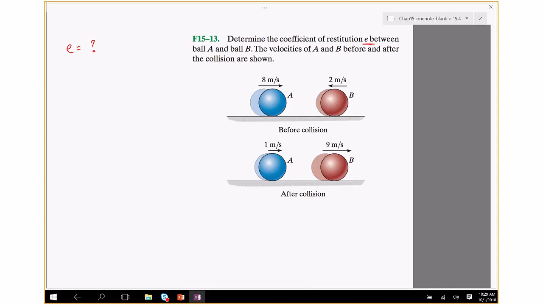My suggestion to you is stick with a good sign convention. People get this problem wrong when they randomly put velocities whichever way they want. Just stick to a sign convention. If you like, you can take the right side to be positive. So this is a short question. I'll just see what's the time. It's 10:30. I'll stop at 10:32.